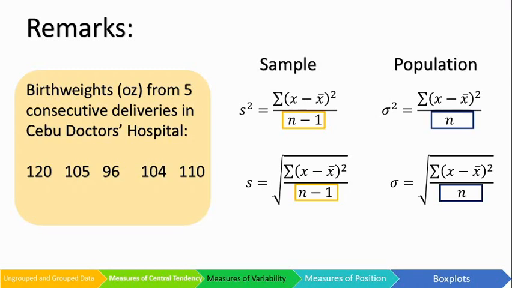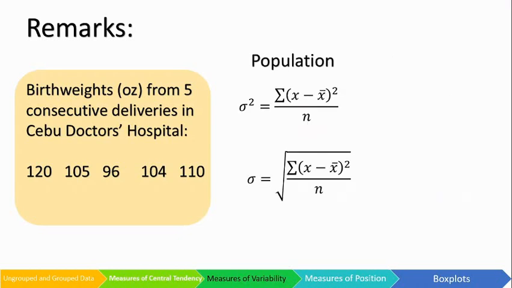There is an explanation as to why we use n-1 in the formulas for the sample, but that is not within the scope of this discussion. We will reserve that to a future video. So therefore, if the data on the left represents the entirety of the population, the variance is 62.4 ounces squared, and the standard deviation is about 7.90 ounces.